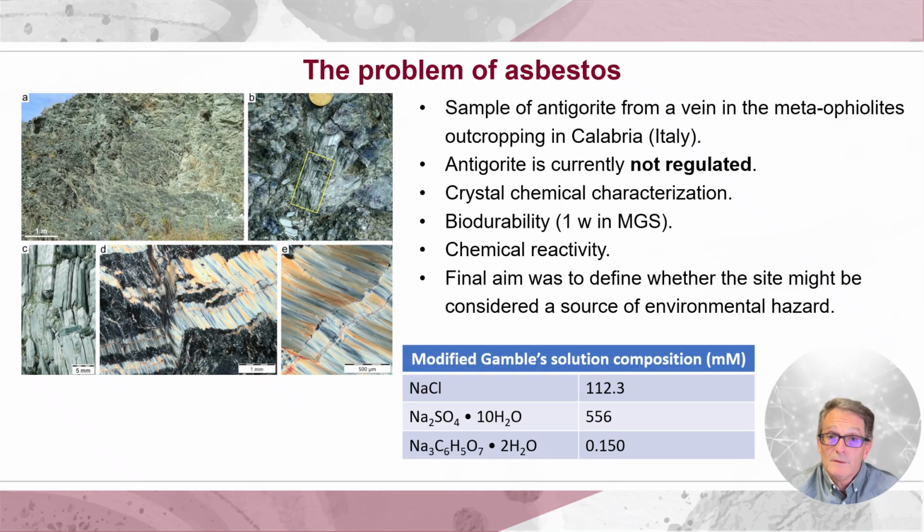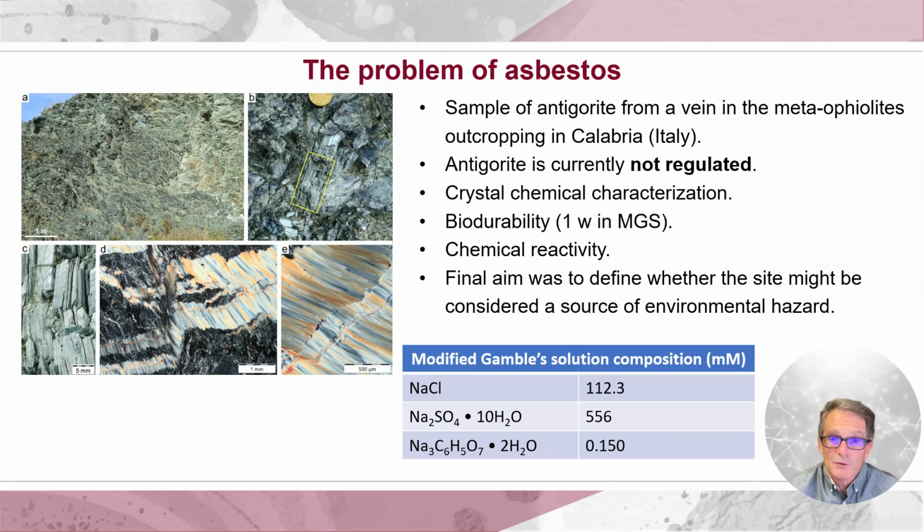The presentation focuses on a sample of antigorite collected from a vein within the metaophiolites outcropping in Calabria, Italy. It is important to note that antigorite, as a naturally occurring non-asbestos mineral, is not currently regulated.